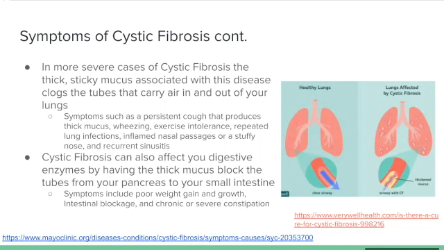So, symptoms like persistent cough with thick mucus, wheezing, exercise intolerance, repeated lung infections, inflamed nasal passages, or a stuffy nose are all symptoms of severe cystic fibrosis.